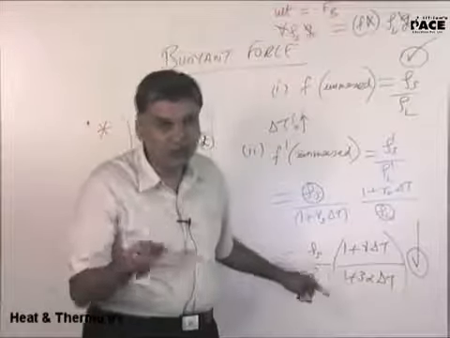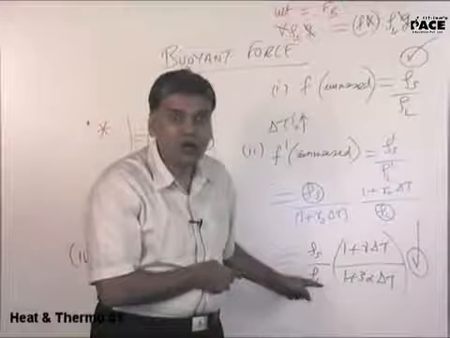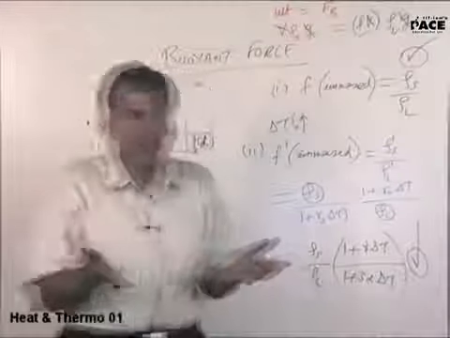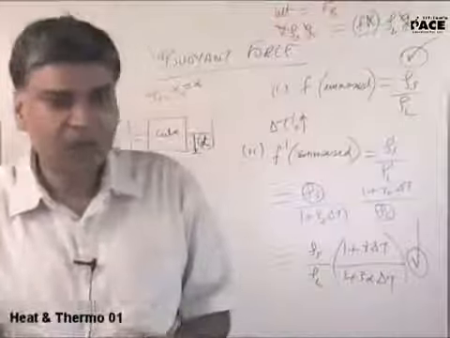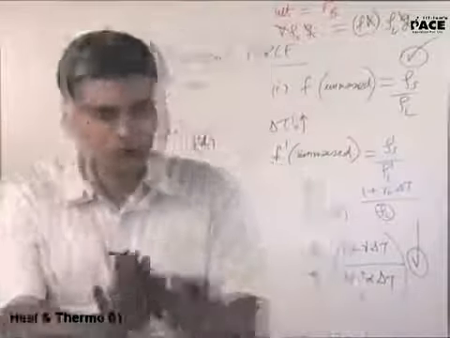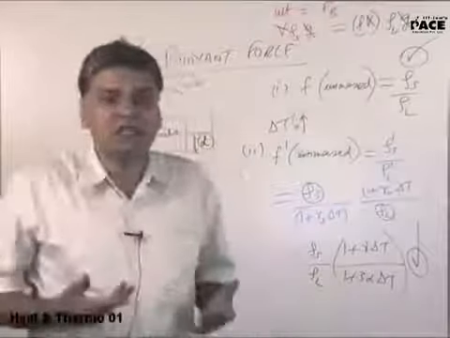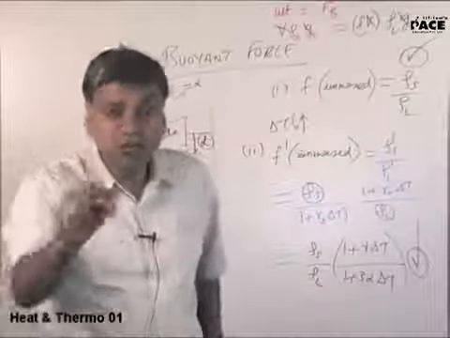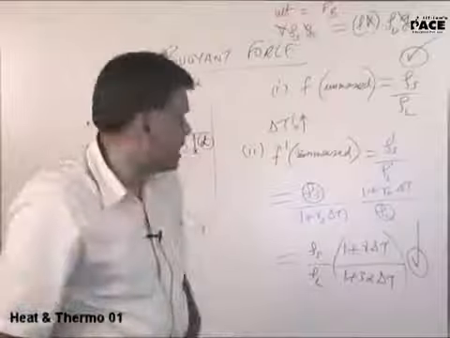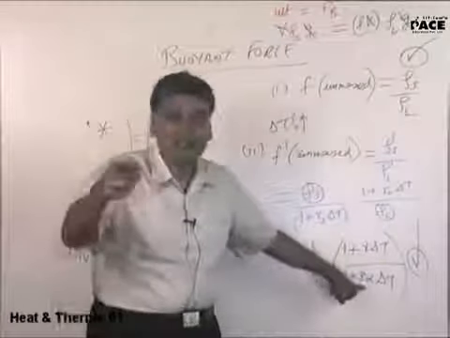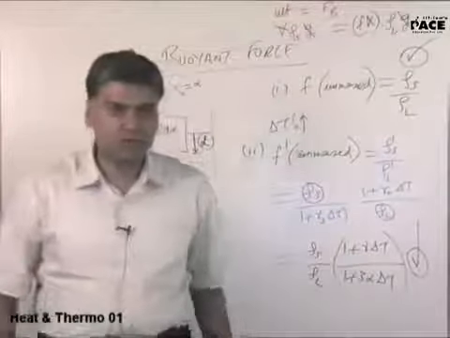It will look equally dirty, if at all. You are not going to get a better answer than this. So let it remain. There's no harm in doing it, but do it when you find advantage in it. What is the advantage right now? No advantage. If I have given a numerical question with the values of rho S and alpha, and I ask you to calculate, then use it.